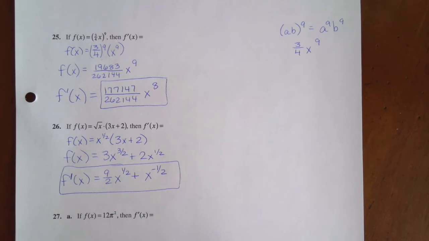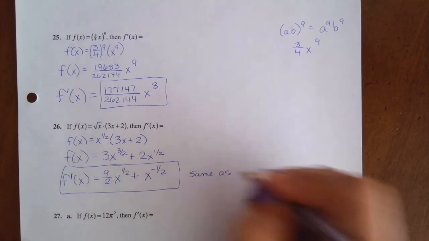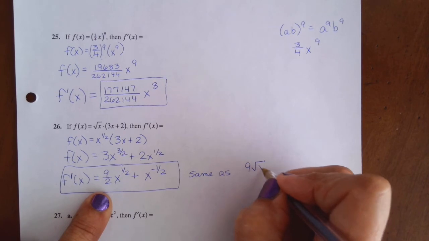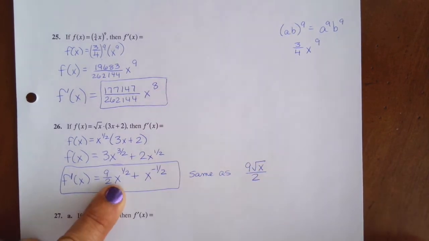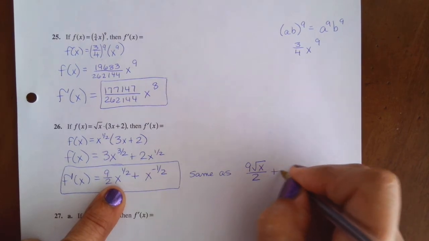Okay? Now, how would you write that if you wanted to work with it? Let's say I asked you to put in some numbers. You don't have to fix it, but how would you write that? That would be 9 square root of x over 2, because x to the 1/2 is the square root. And then this square root is in the bottom.